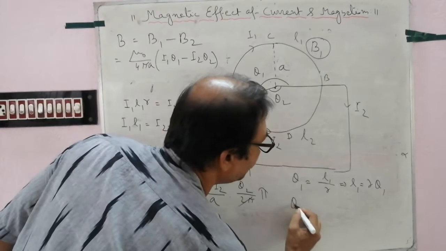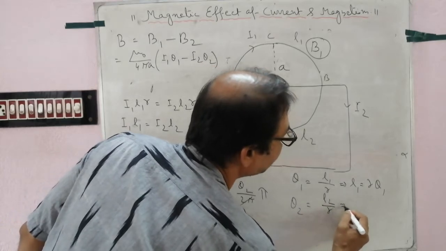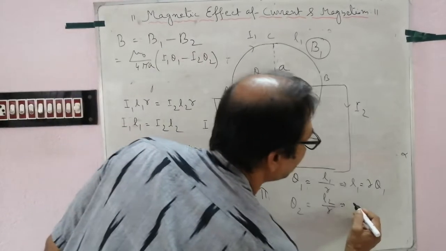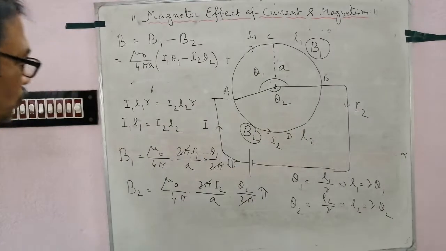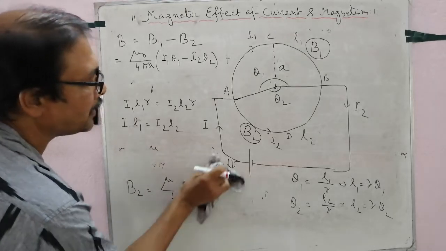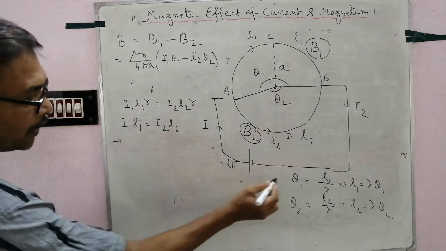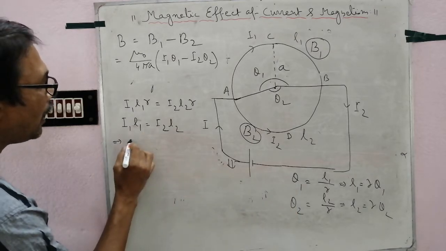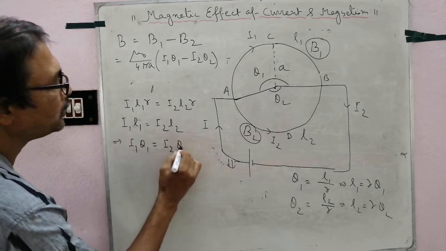Similarly, theta 2 equals L2 by R, that is L2 equals R theta 2.